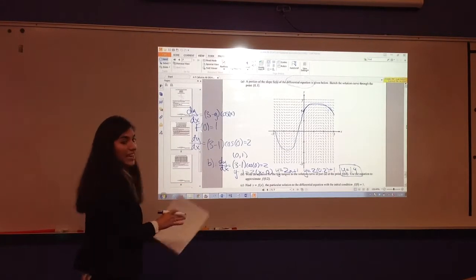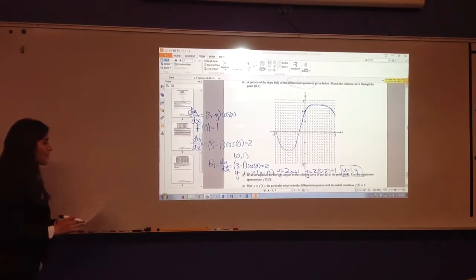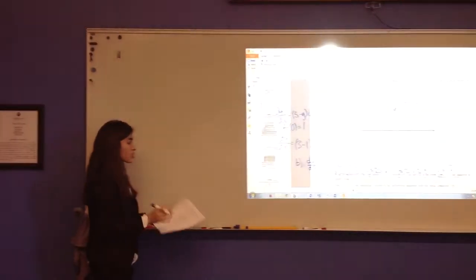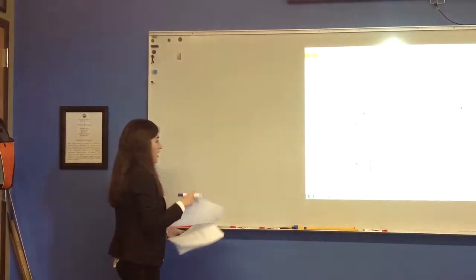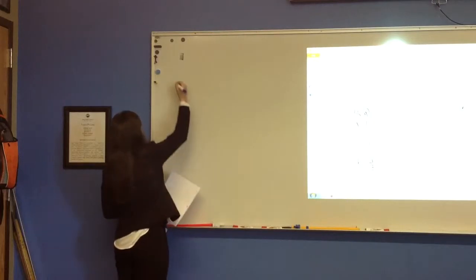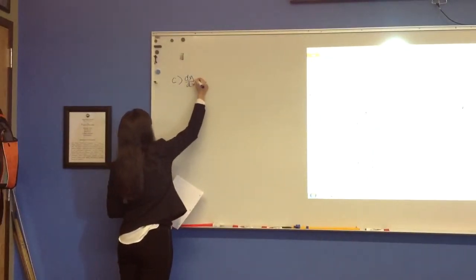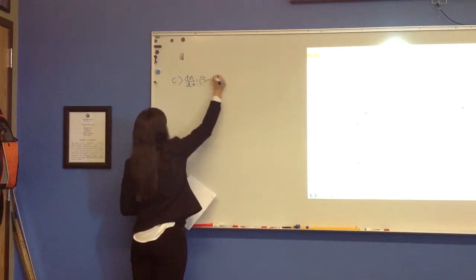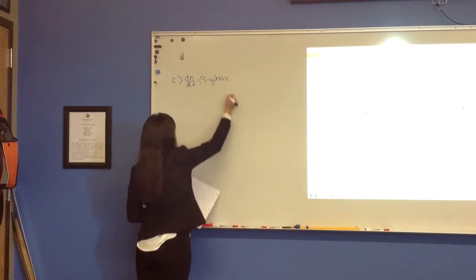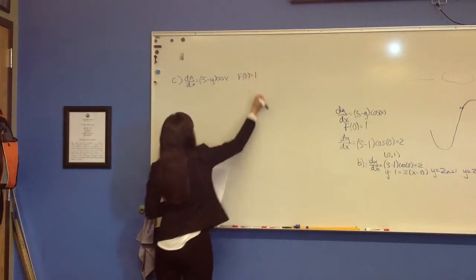Then part C, that's the real, difficult part here. That's the problem that a lot of people had to think about for a while, and they weren't quite sure if they had it right. So to begin tackling this beast, we know that dy/dx is equal to 3 minus y times cosine of x, and that f of 0 is equal to 1.